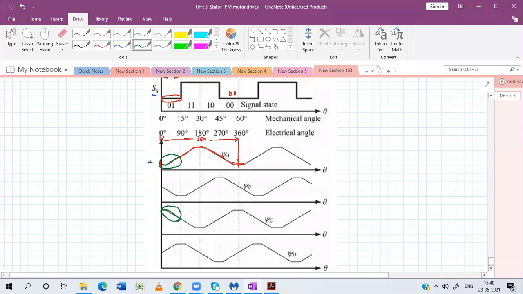One is positive and the other is negative. Consider that this is the A winding and this is the C winding. The A winding is getting a supply like this, and the C winding is getting a supply like this, because here the switch S1 is conducting and here the switch S6 is conducting. Are you getting it?